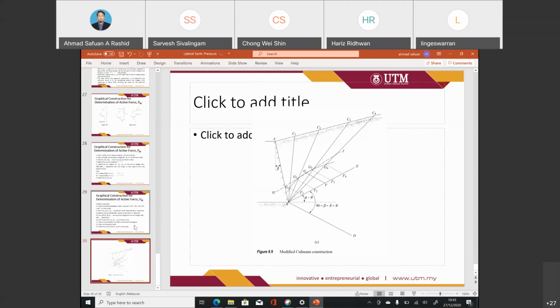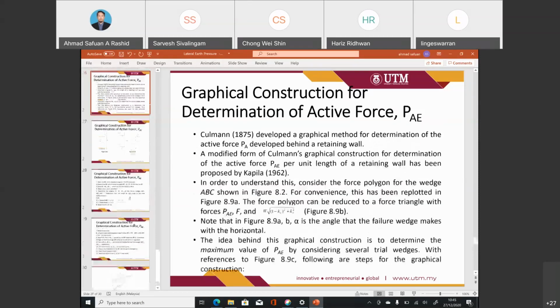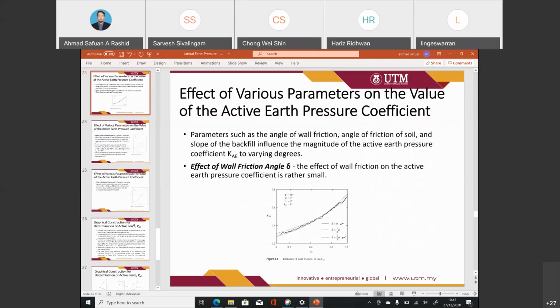So the steps here. We need to use the same theta formula, the theta from the previous discussions.